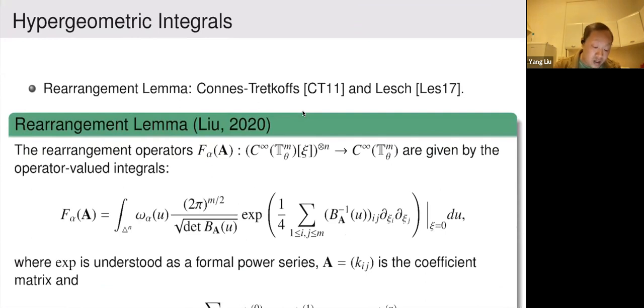This rearrangement lemma starts with the Kontrakos paper, and there are different variations depending on preferences to compute the integration. Matthias Lasch gave a more systematic treatment to deal with those integrals, which has a huge influence on my own way to compute these integrals.